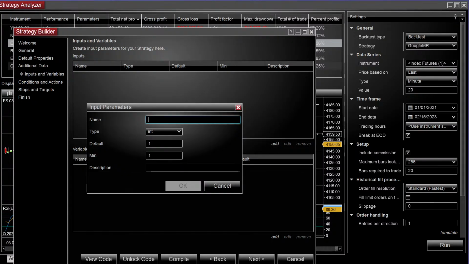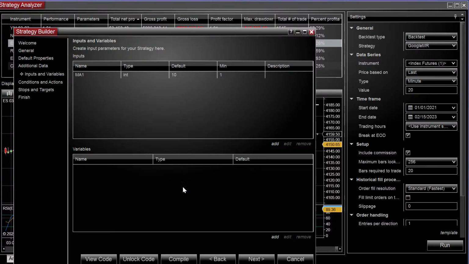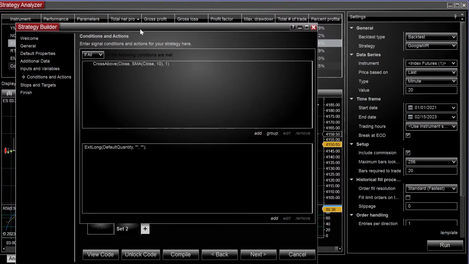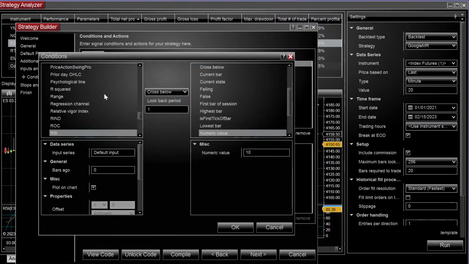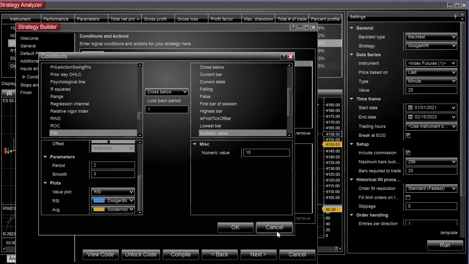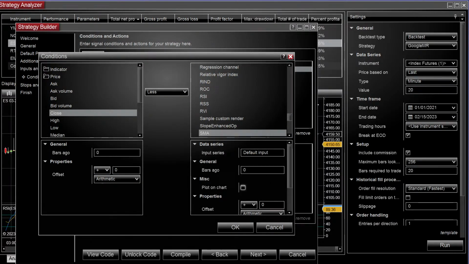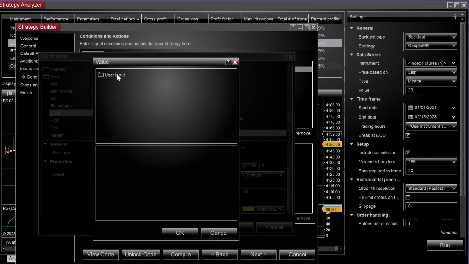Let's add an input. Call it MA1, set it to 10. I'm going to assign it to the SMA.